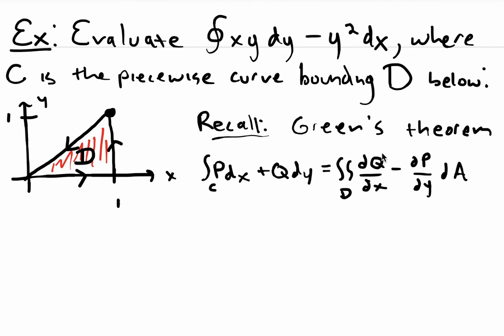So, how does this work in practice, right? Well, for one, I need to get a feel for what my curve is. Here I've just said C is this curve that's bounding D below. That curve, whatever region that's bounding, that's going to be the area that we'll be integrating over.